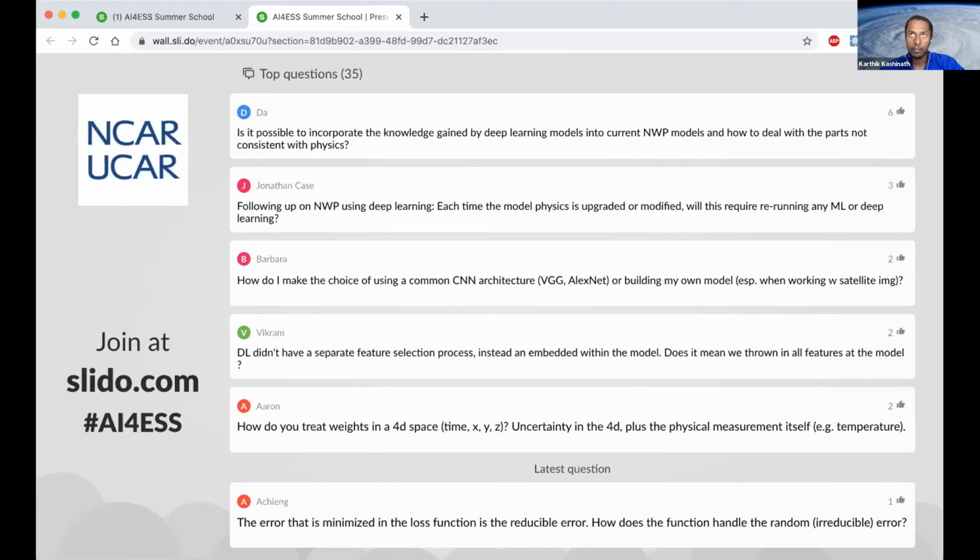There are likely parts of the outputs that are not consistent with the physics, but then hopefully the fact that you're coupling it with a numerical PDE solver means that the PDE solver will take the heavy lifting of essentially correcting some of those unphysical parts. But then, of course, the challenge is that you can have instabilities.